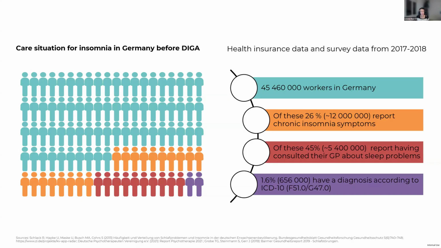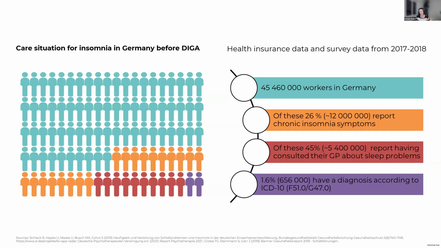This is quite similar to what I've shown you in the insomnia journey: only very few people who have those insomnia problems even take this first step and consult their GP about it. And once they've consulted their GP about the sleep problems, we see that out of those, only 1.6% were given a diagnosis according to ICD-10. So only those were given a diagnosis for insomnia, which can have different reasons.